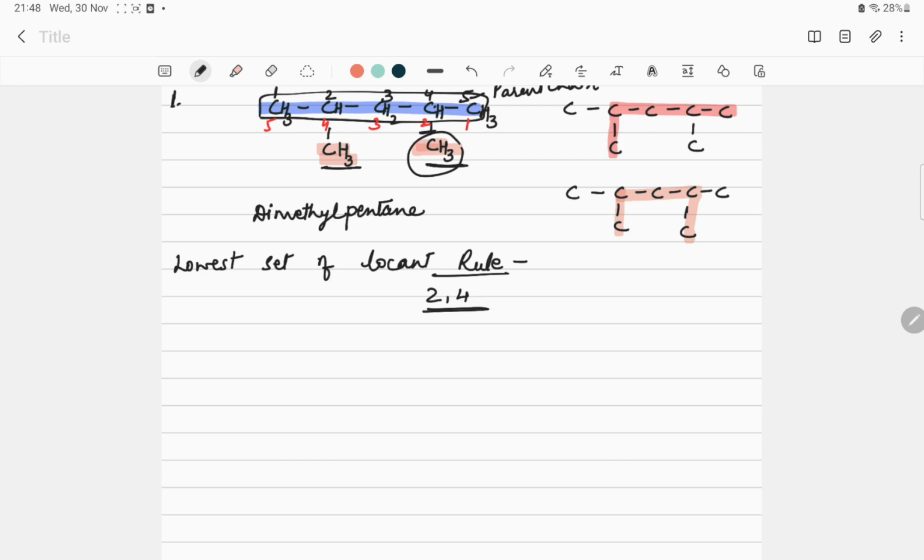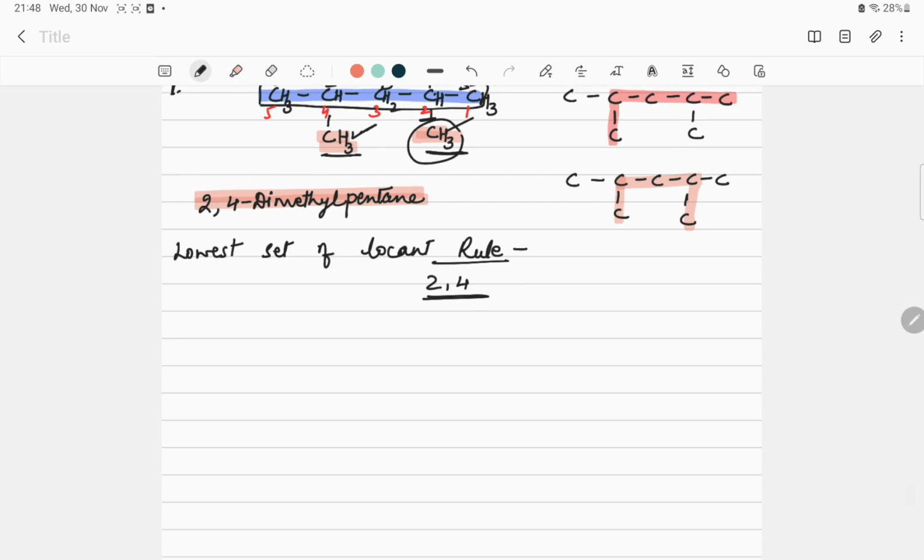So the set of locants is the same, which is why we can number from either side. Both positions should be mentioned, so it is 2,4-dimethylpentane. 2,4-dimethylpentane is the name of the compound. This is how we can name the compound.